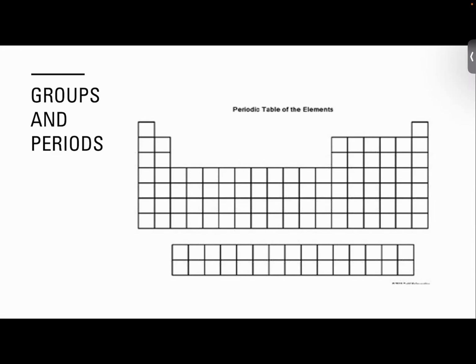They are a family called the alkali metals. Another word for the family is a group. Beryllium, magnesium, calcium, strontium, barium, and radium all behave similarly. They're a family called the alkaline earth metals.